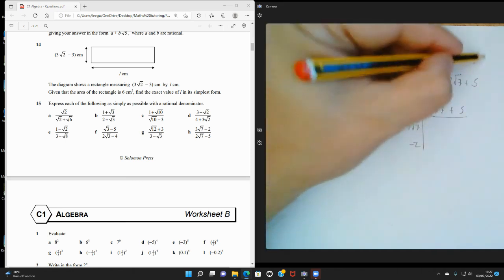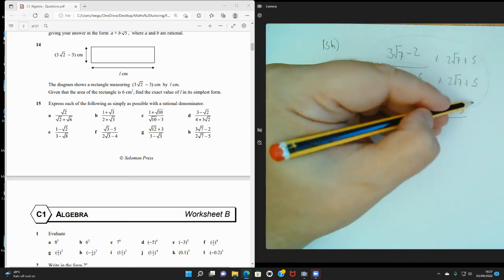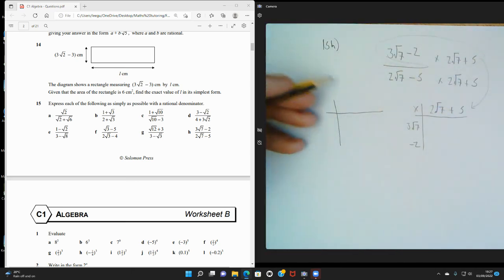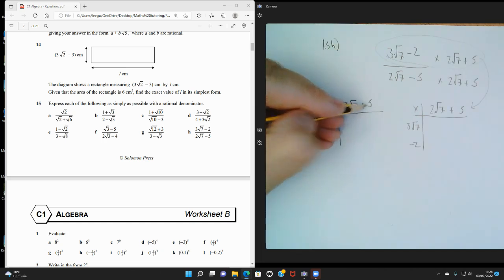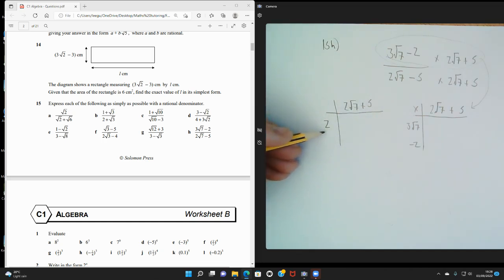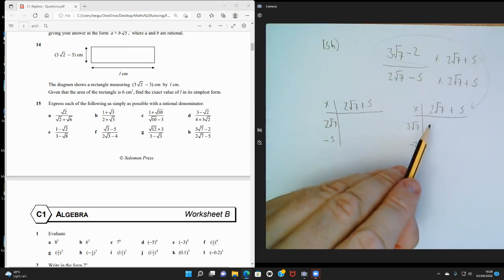So I've just written that multiplication as a grid there. Here I'm going to write this one. So I've got 2√7 add 5, and this is times by 2√7 minus 5. Okay, let's start off with this one over here.